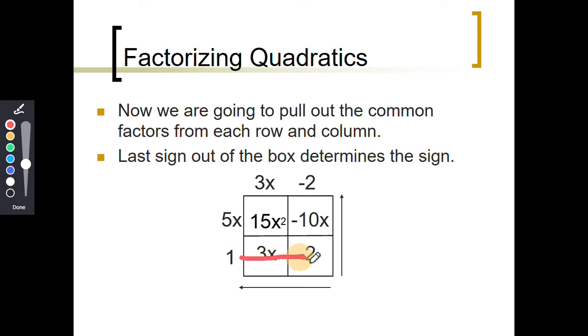In this direction, the GCF of these two terms is only 1. So you cannot write x here. X cannot go with our 1 because x is not common to these two terms. This is the only term that has x in this direction.